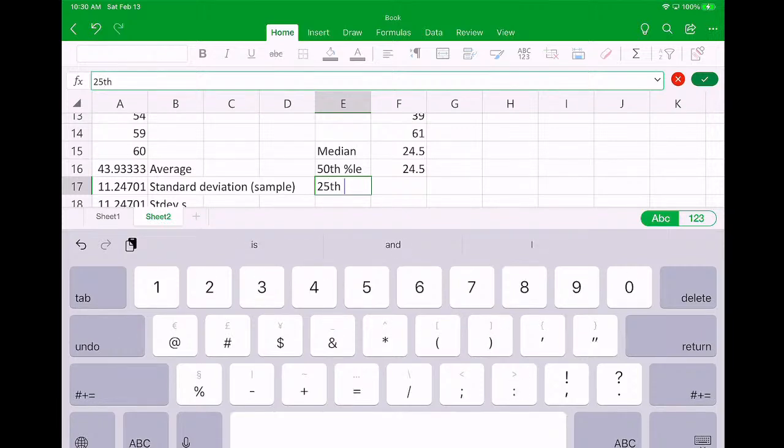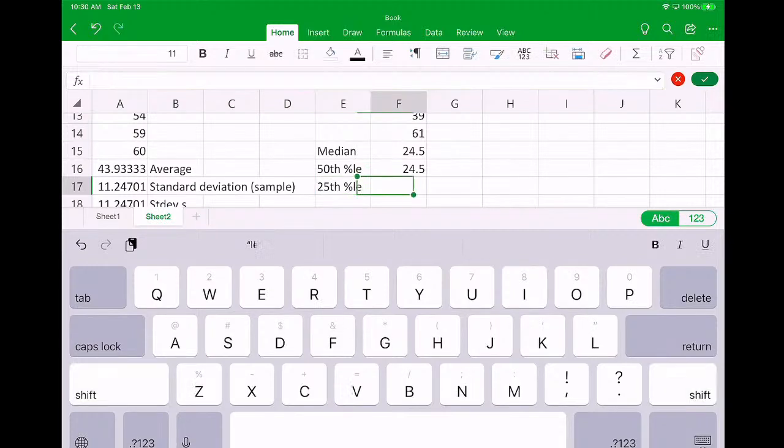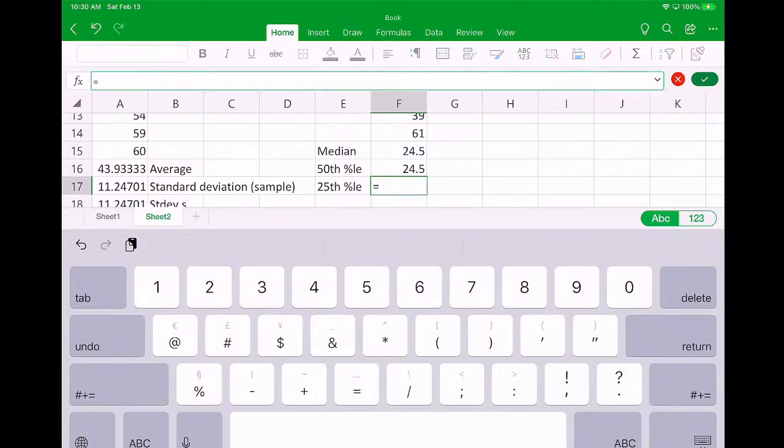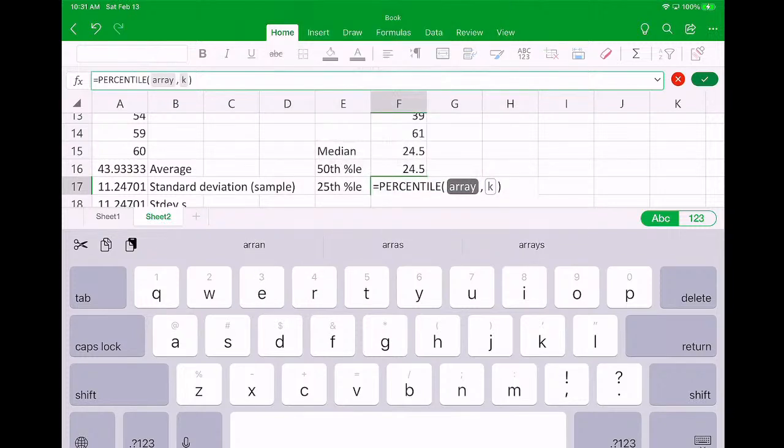Well, my Excel on my computer didn't do this, so let's see if this will work. So if I want percentile again, I pick the same array.